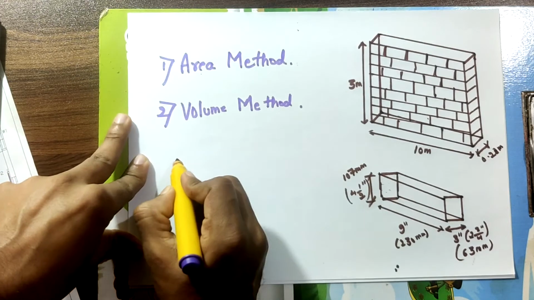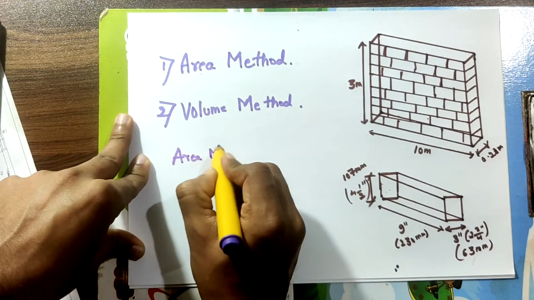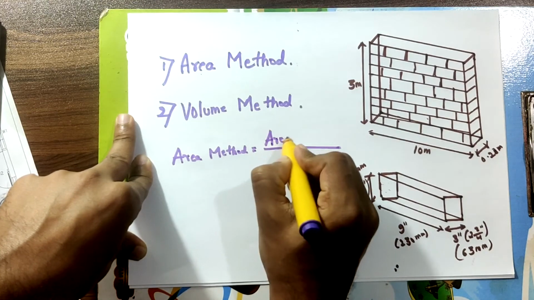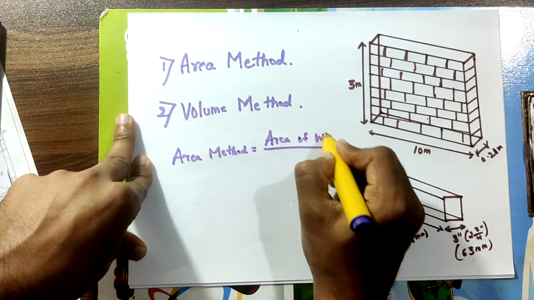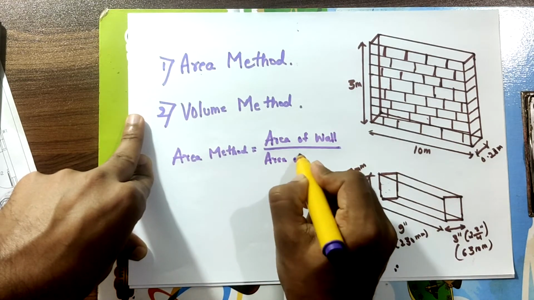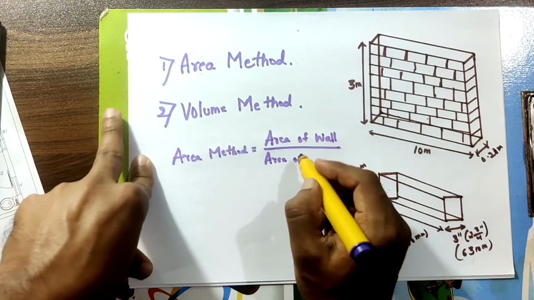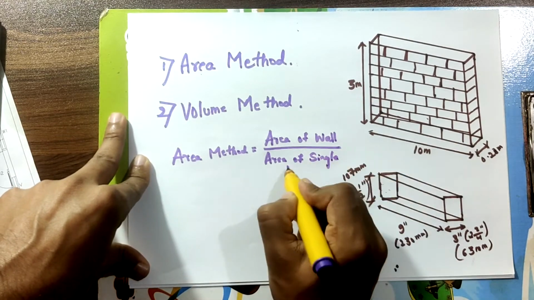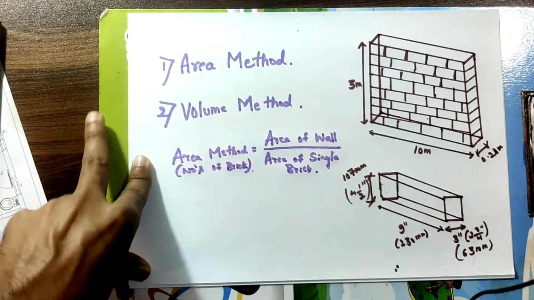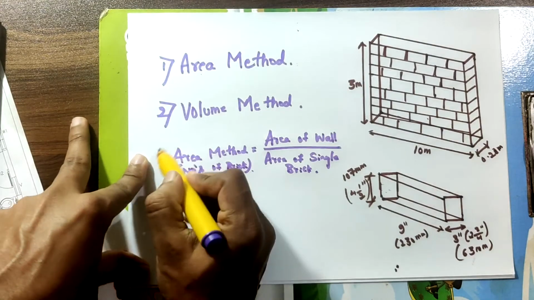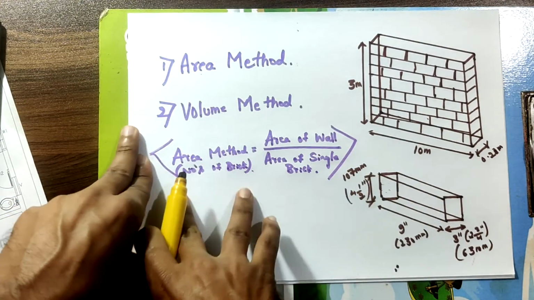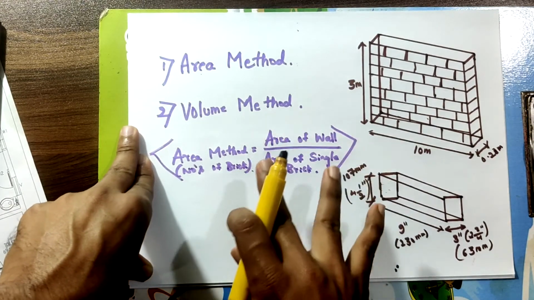A simple formula for the area method is: number of bricks is equal to area of wall divided by area of single brick. This is the formula to identify the number of bricks by the area method.